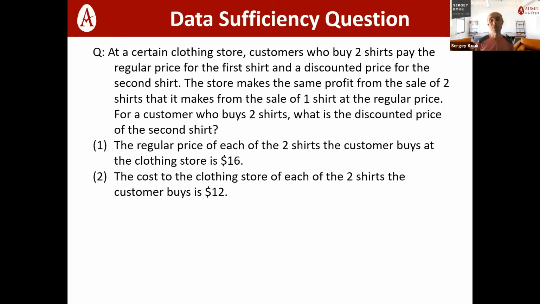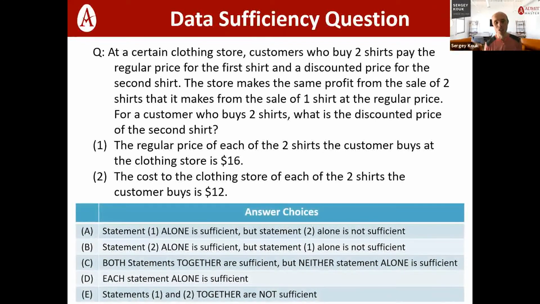Sometimes you actually look at both of these statements and you realize, I still don't have enough information. That is why, if you look at the answer choices for data sufficiency questions, you would notice that they're always the same and they never contain the answer to the actual question. Instead, they will contain a combination, rather, combinations of the two statements.